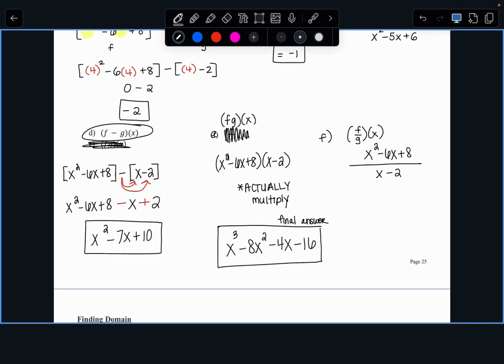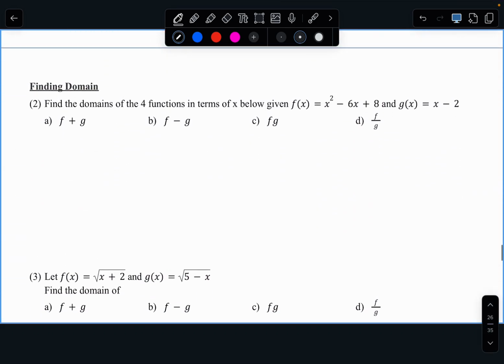Okay. Domains we've already gone through. So I'm going to put another asterisk here. We did that last class. Does anybody remember the 2 things we look for?